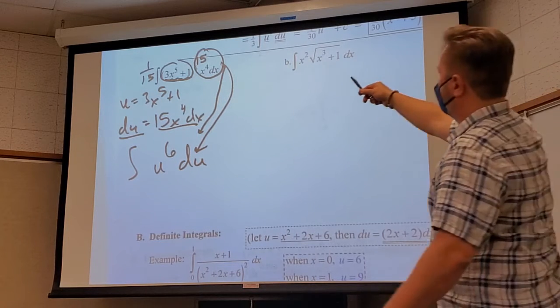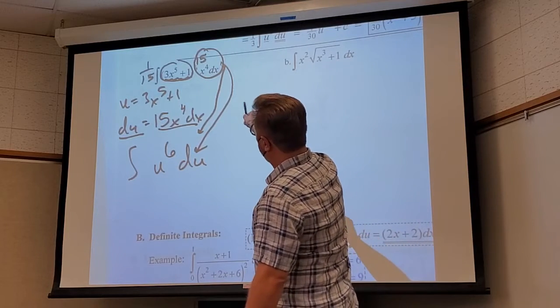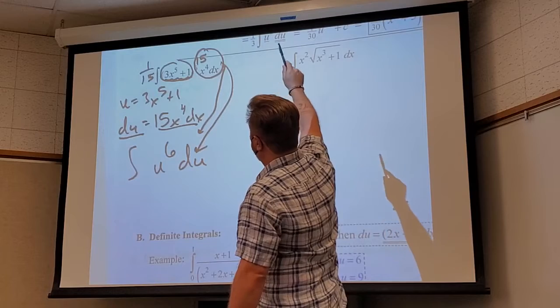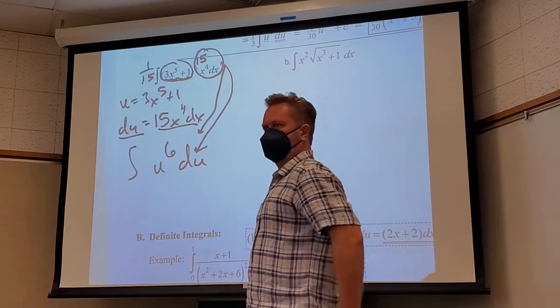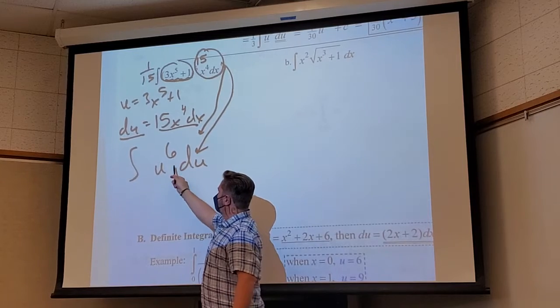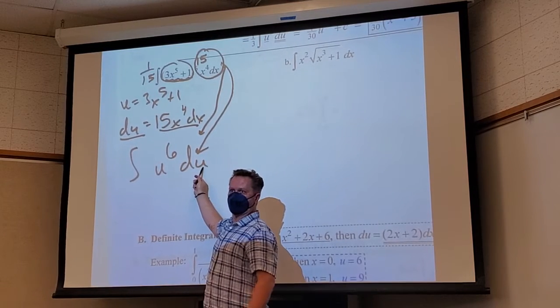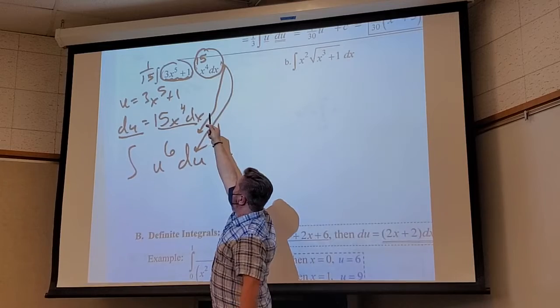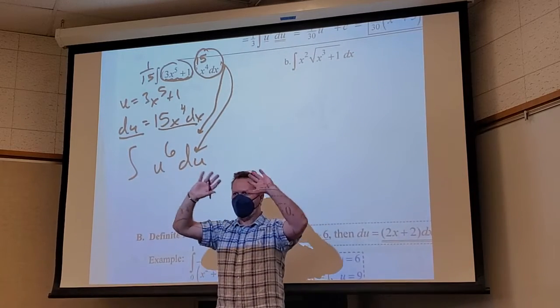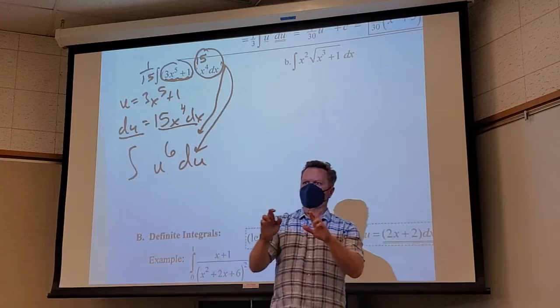So isn't that function inside the integral saying the integral of something to the 6th times the derivative of that something? Isn't that what this is saying? The integral of something to the 6th times the derivative of that something. So I just captured the form of what's there. It was the details that were in the way. I can't see what's going on.